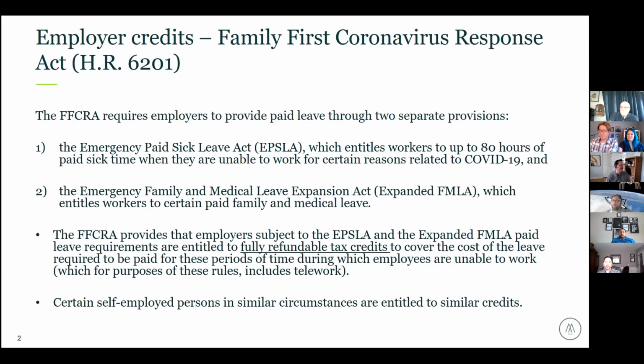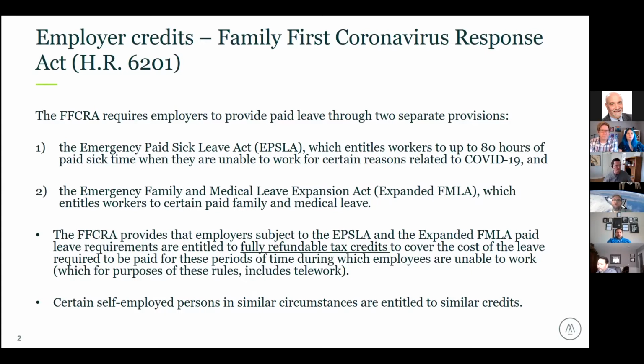There's really two separate provisions under the Family First Act that passed on the 18th, and that is the Sick Leave Act and the Family Leave Act, and the benefits extending under those. And the big takeaway here is that there's a full, refundable credit for any amount that you're expending under those two provisions.